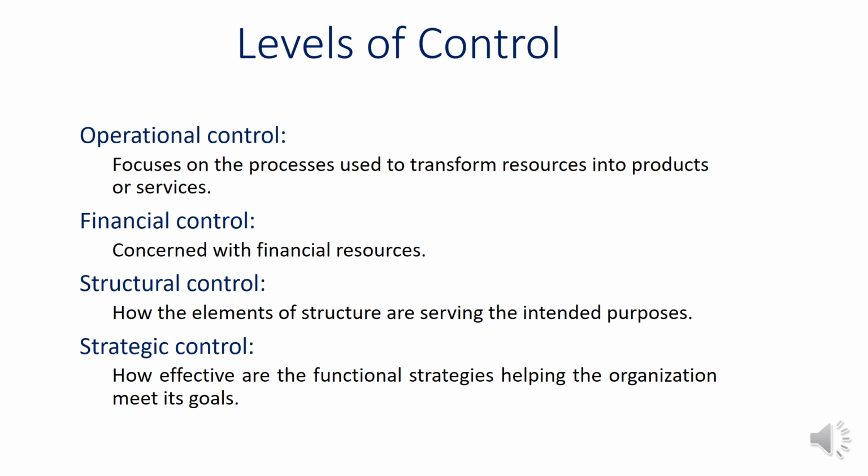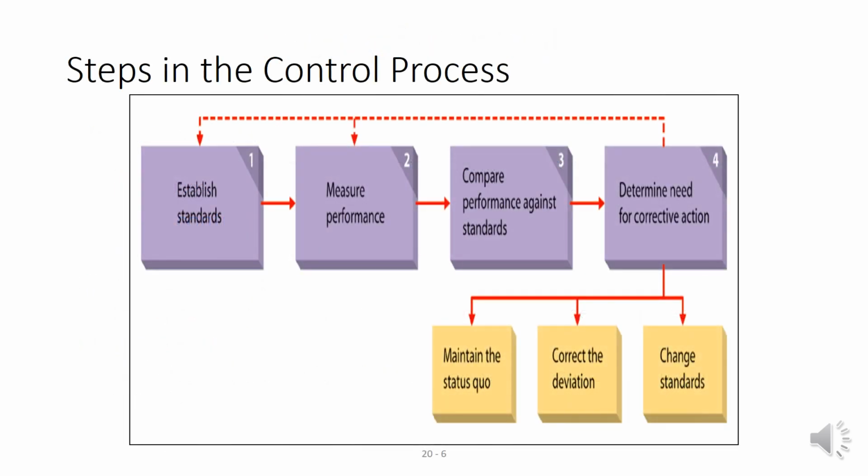Then the last level of control is strategic control. Strategic control will finally attain an organizational goal. If you do the above three properly, finally you can attain the organizational goals. You have to see whether any correction is required, and whether you have to change the standard itself.